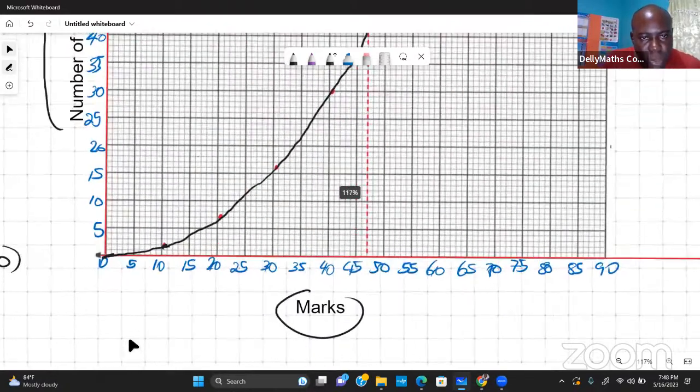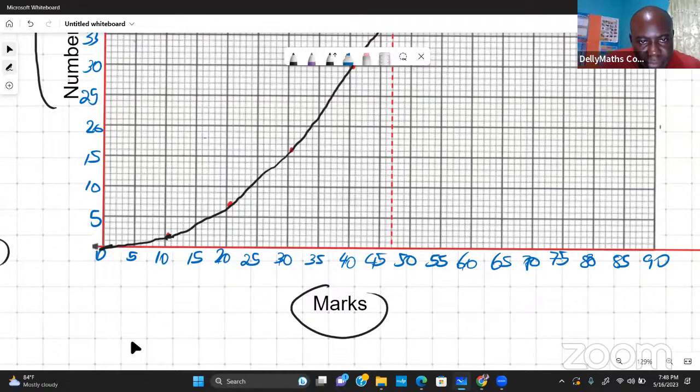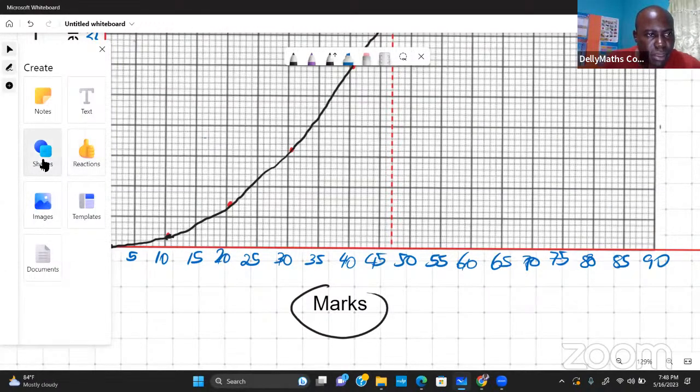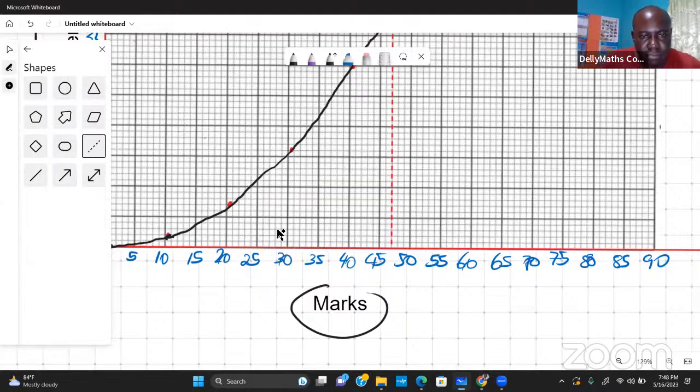So let's blow this one up nice and easy. 30. You grab your 30. All right, so you grab your 30 there, and you take it across.